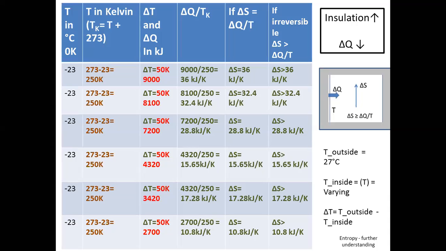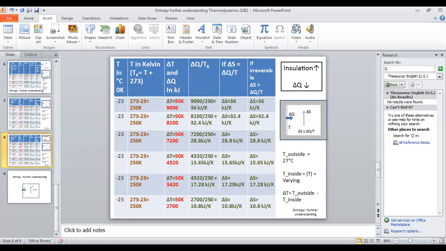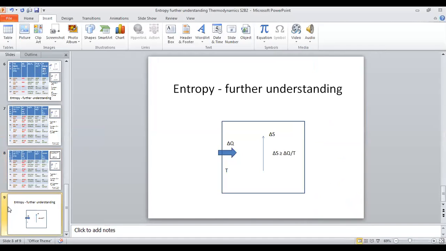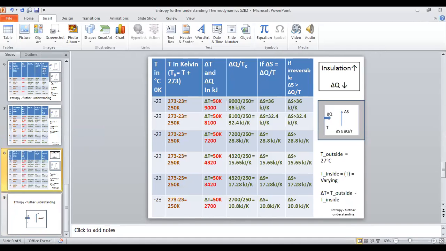You have to look into these 3 cases, and after looking into this, you have to understand what this entropy means, some practical aspects. Okay, some practical aspects of entropy.